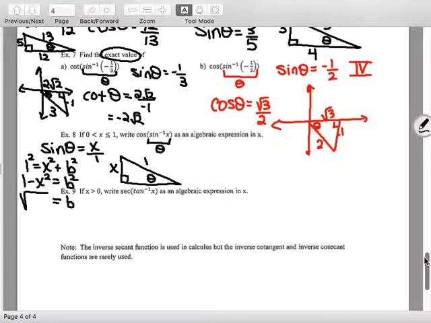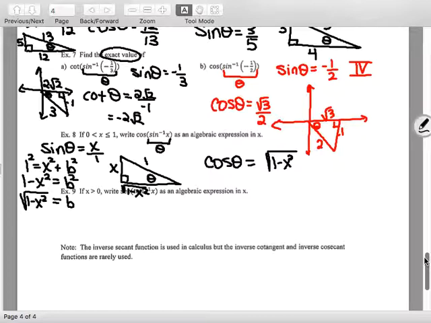So b is the square root of 1 minus x squared. So then the cosine of that angle would be the square root of 1 minus x squared over 1, which is just the square root of 1 minus x squared.